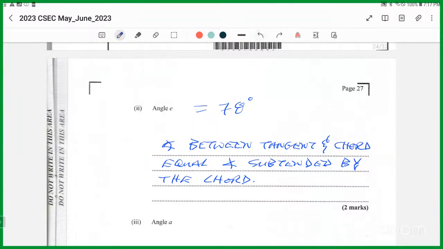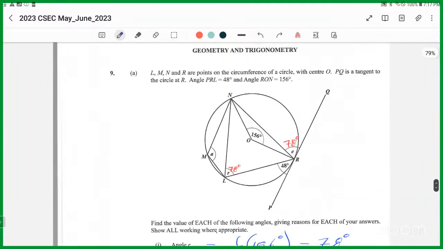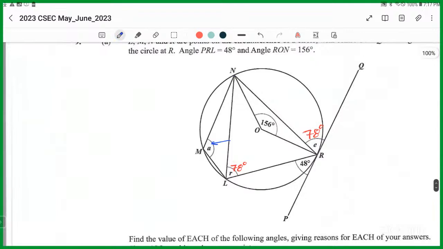Next part I want is angle A. Let's look back at this. Angle A is over here. So angle A is one of the angles in the cyclic quadrilateral. That's a cyclic quadrilateral, right?